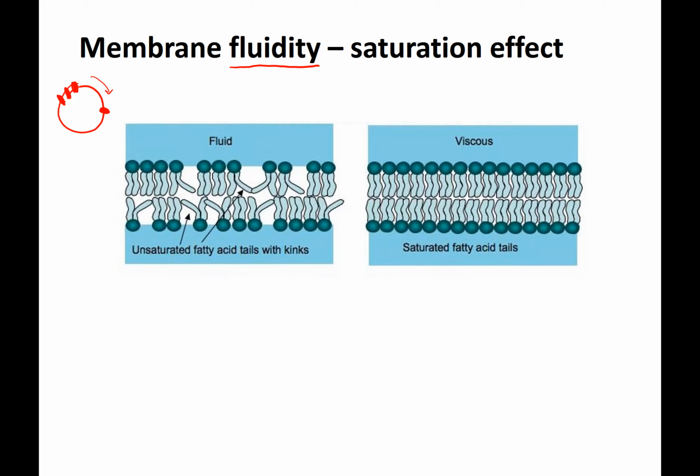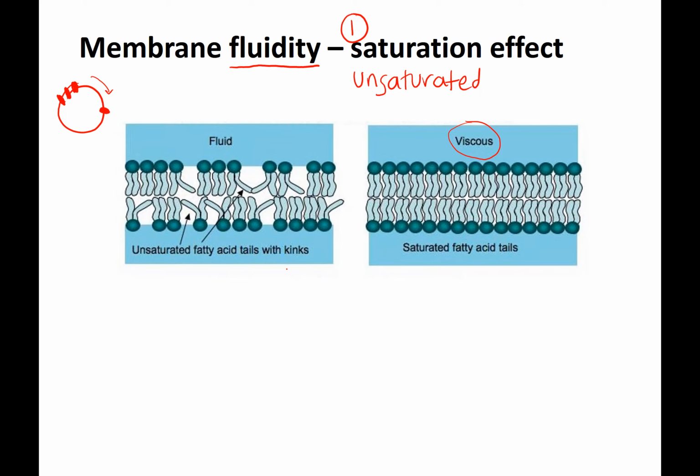So for membranes, they want to find that sweet spot between liquid and Jell-O, or what it says over here is viscous, something so thick. So membranes can control fluidity a couple of ways. And the first way is by using saturated and unsaturated fatty acids. Right?